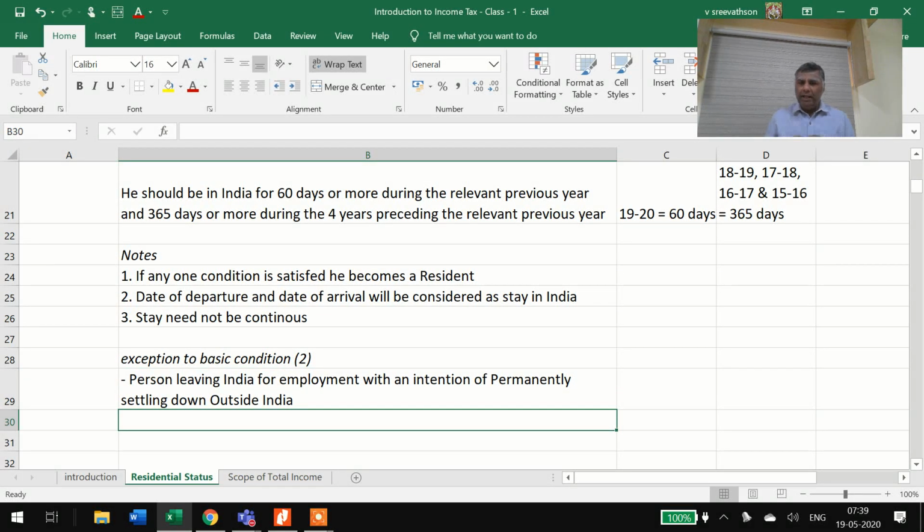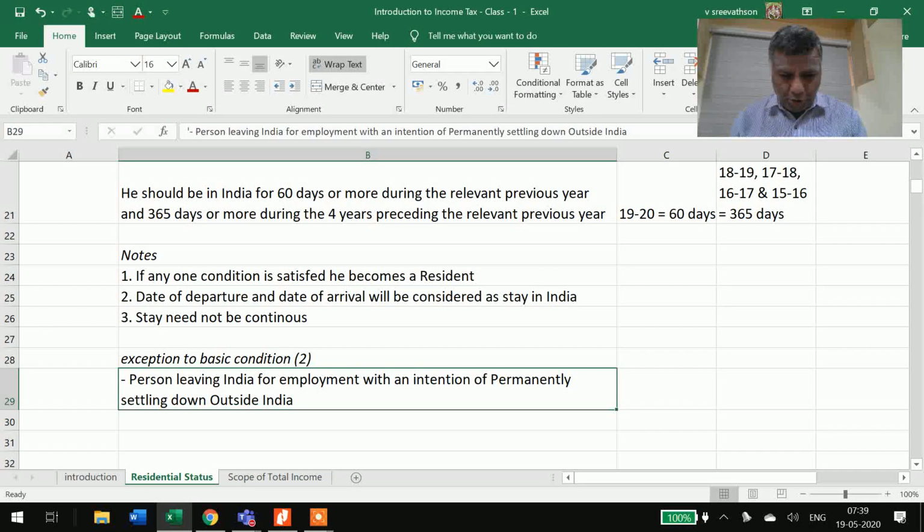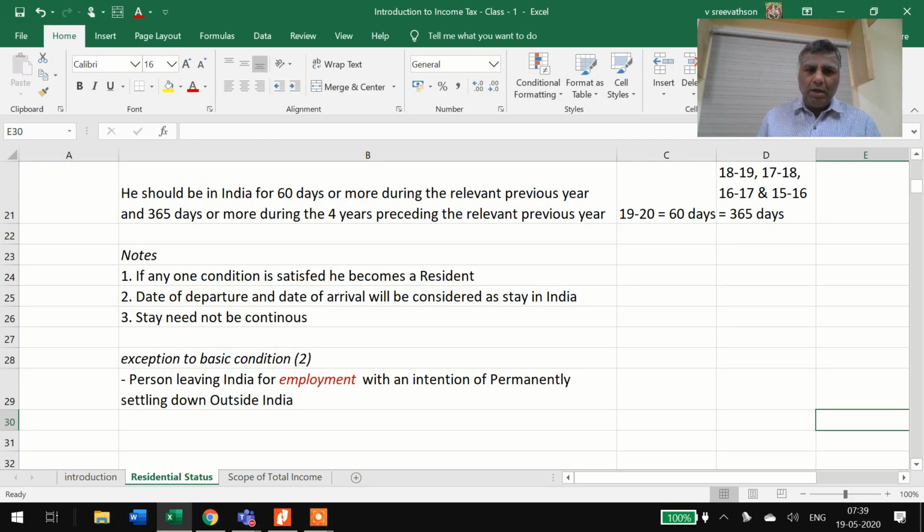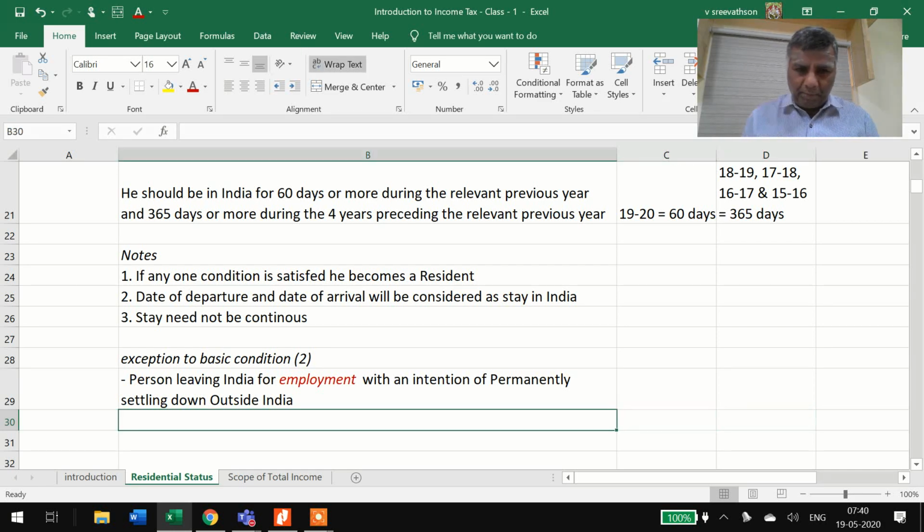Here the keyword is employment. Persons leaving India for employment purposes with an intention of permanently settling outside India.